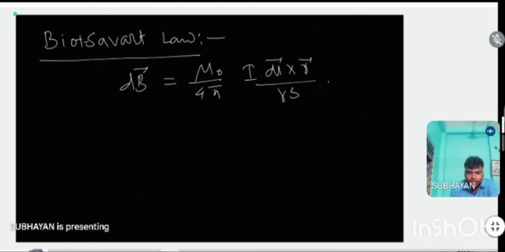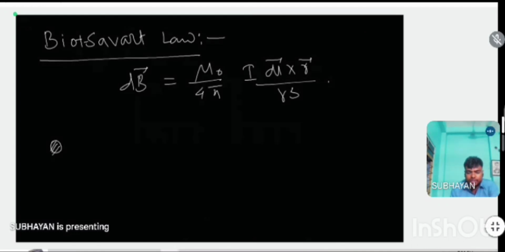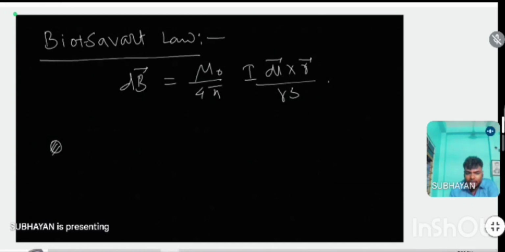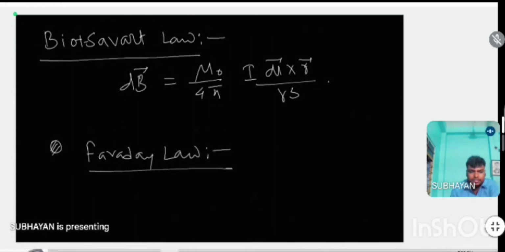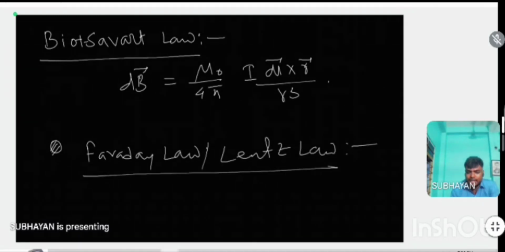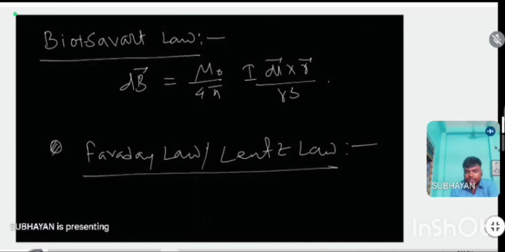But later we found the interaction of electric field and magnetic field, and this interaction is mainly described in Faraday's law, later modified by Lenz, so you can say Faraday or Lenz law, which dictates that there is an interaction between electric field and magnetic field.